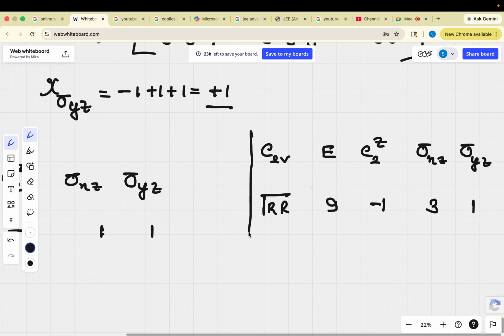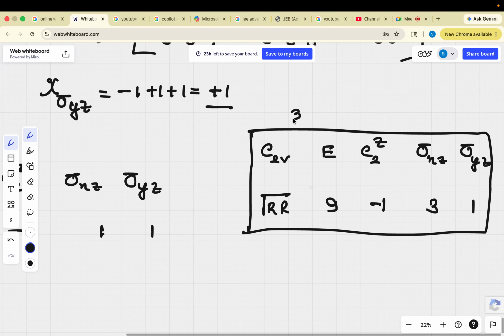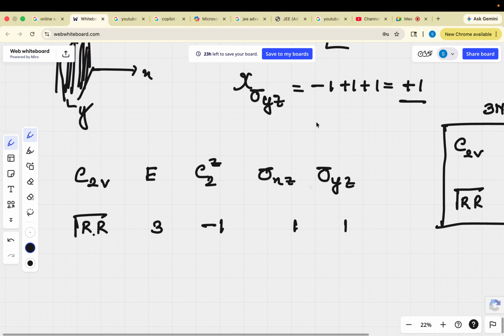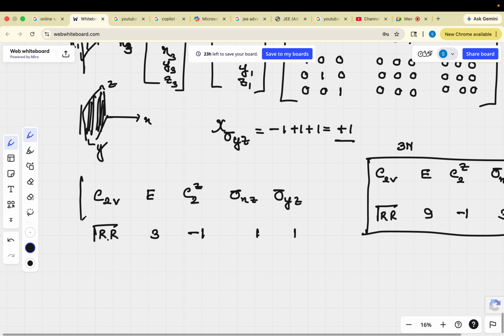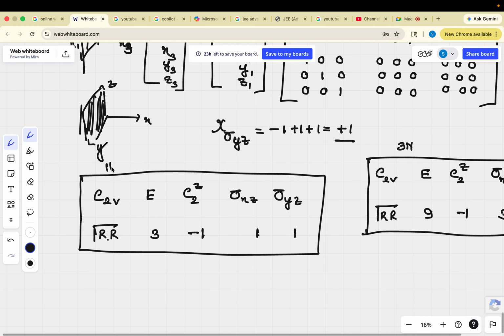This is for your 3n coordinate system, and the earlier one is along your xyz axis, so that means this one is for your 1D system, and this one for your 3n coordinate system, so that means this is for your 3D system.